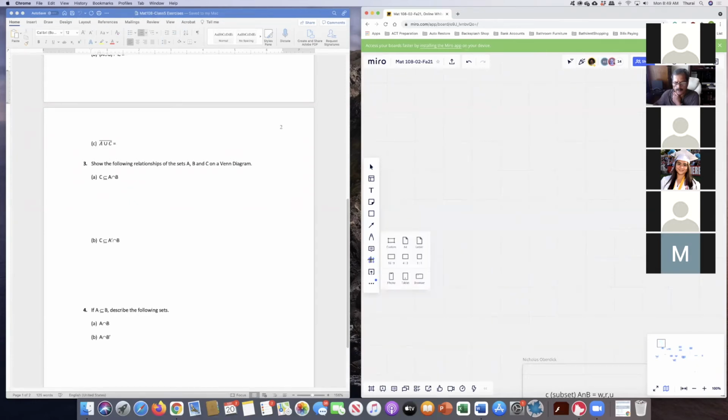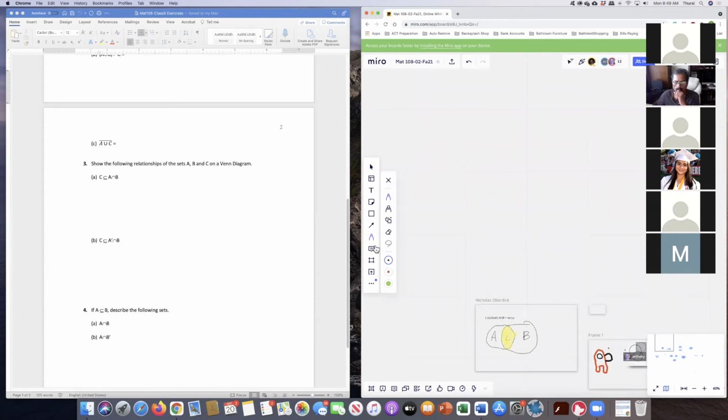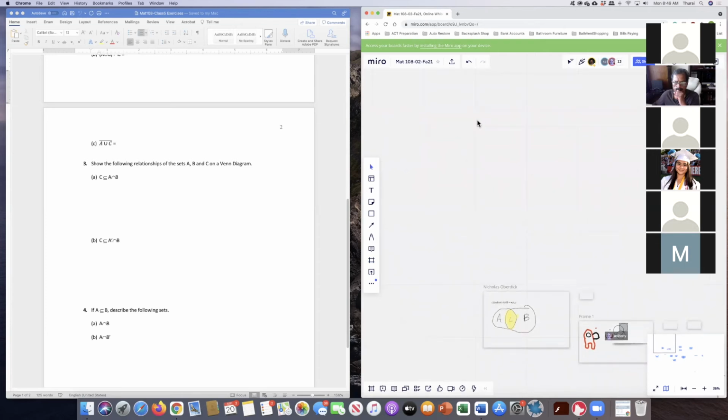I can create a frame for you. I'm creating a frame. I think it created a frame somewhere.